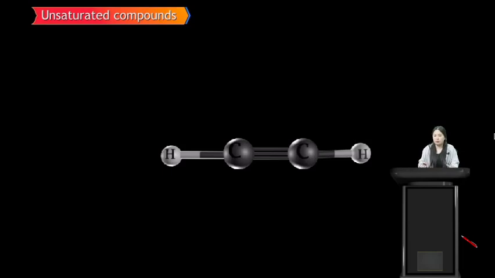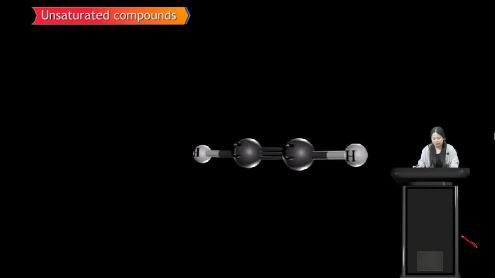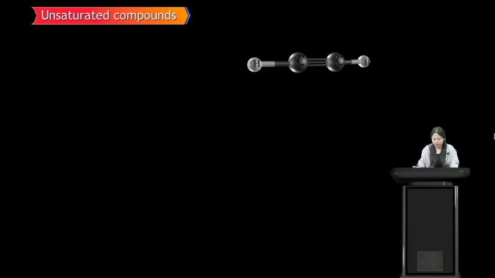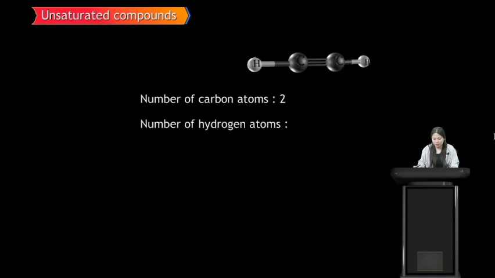Unsaturated compounds, we have more unsaturated compounds. Let us see some more examples. So we have another compound here. In this compound, if we observe carefully, the number of carbon atoms is 2. The number of hydrogen atoms is 2. So the chemical formula of this compound will be C2H2. Now, what will be the prefix for this compound?